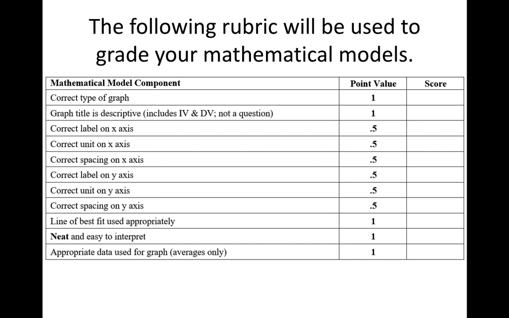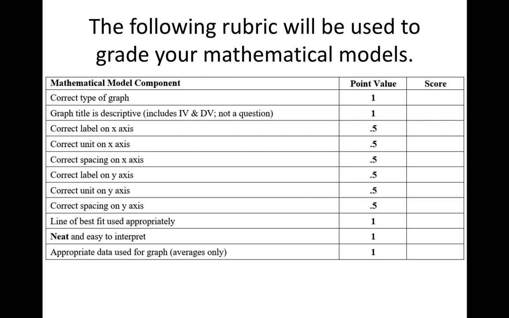A line of best fit is used appropriately, or the data points are connected if it's appropriate, or you have a bar graph drawn appropriately if it is a bar graph. It's neat and easy to interpret. So that means if you're using pen, nothing is scribbled out. If you have a line graph where you need to use a trend line, you've used a straight edge or a ruler of some sort.